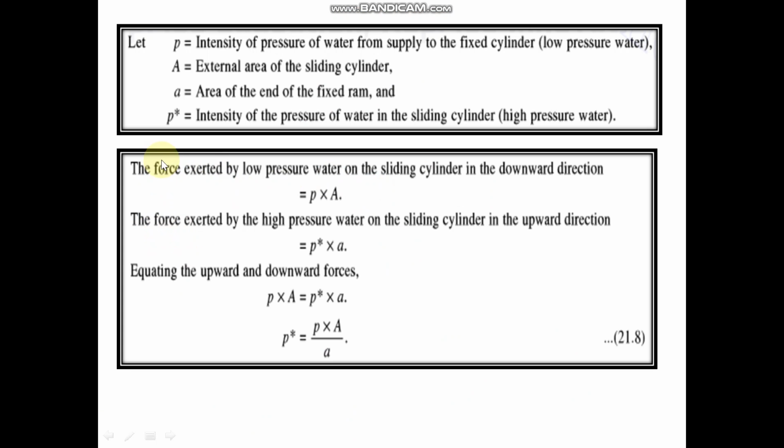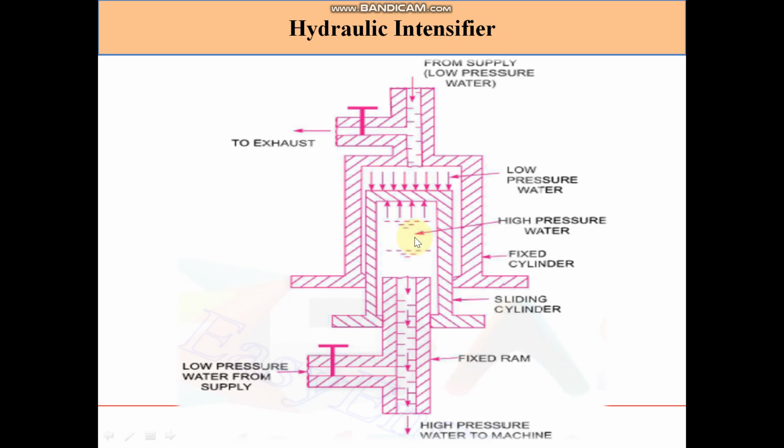Now small a is the area of the end of the fixed ram, and P star is the intensity of pressure of water in the sliding cylinder. So small a is the outer area of the ram, which is close to the inner area of this sliding cylinder. So the force applied on this sliding cylinder in the upward direction is equal to pressure multiplied by area.